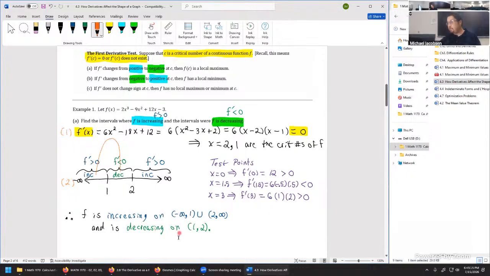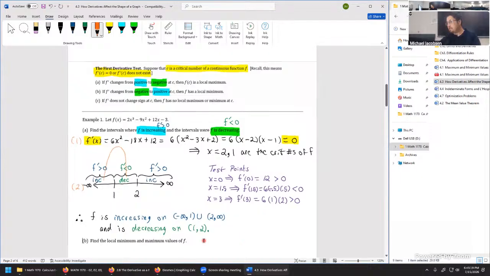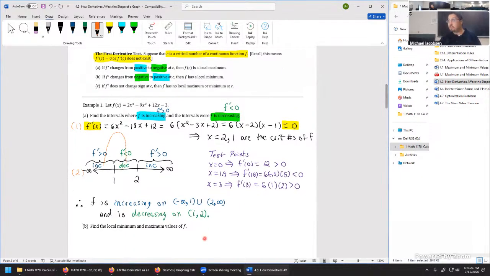So we have in part B already one important conclusion. We know where the local maximum is. Let's say here, local max at f at 1. That's the original function f, so we don't go to f prime of x, we go to the original f of x.